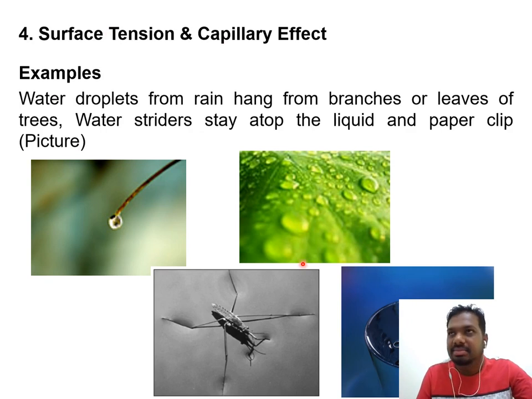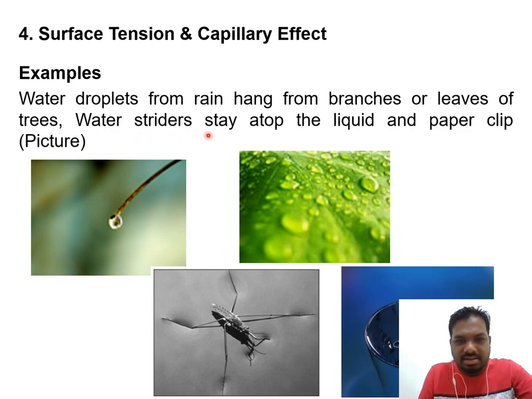These are something we always see in a natural environment, especially after rainy days or on surfaces in your house and surroundings. Examples are water droplets from rain hanging on a branch or leaves of trees. We can always see this.